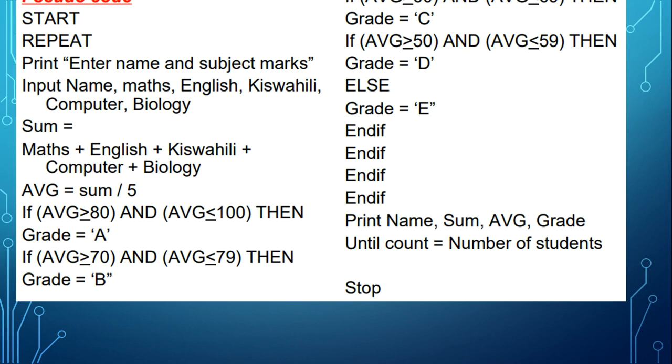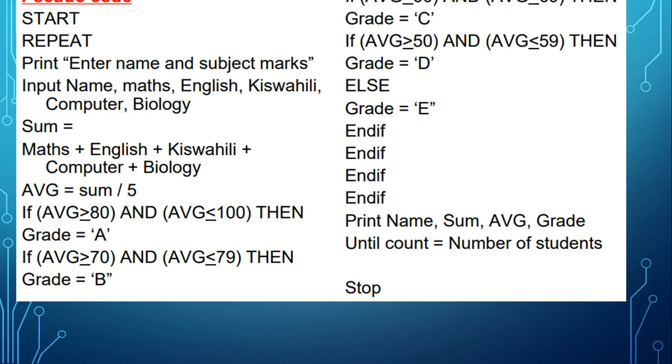Then a decision is made. If average is greater than or equal to 80 and below 100, then A. If average is greater than or equal to 70 and less than or equal to 79, then B. The story continues all the way until we have grade E. Remember, you must count the number of ifs.